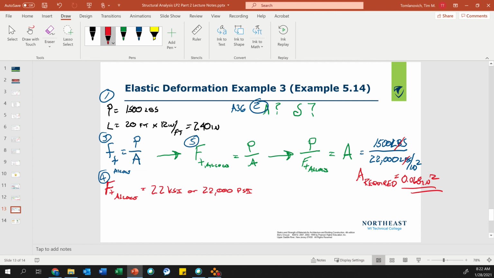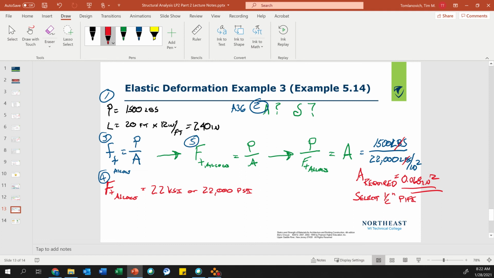So I'm using a pipe. Select a half inch pipe. That's my nominal. When you say nominal diameter, I want a half inch pipe. Outside diameter is 0.84, inside diameter is 0.62.